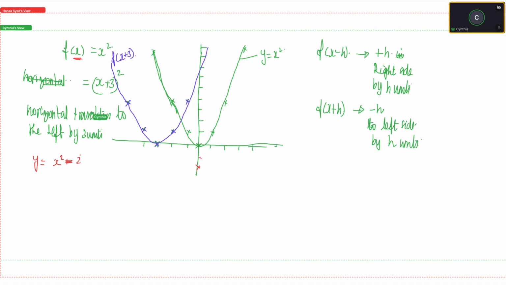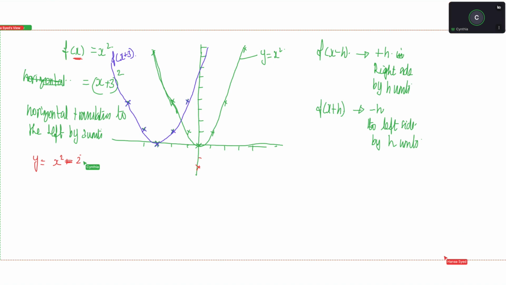When it is outside the x, then it affects y. It is vertical. Here the x square remains the same, only 2 has been subtracted, so it is only a vertical translation by negative 2 units.